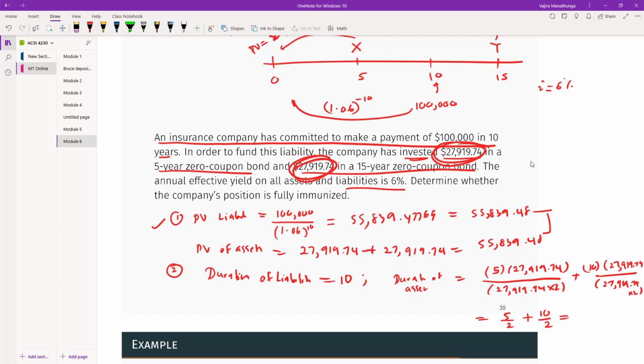This should be 15. So it's 15 years. Not 10. The bond is 5 and 15. So that gives you 10.